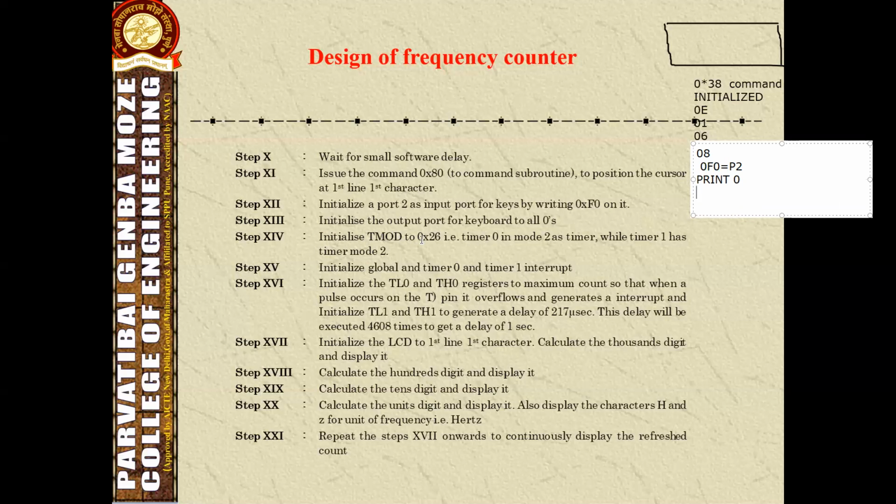Then initialize TMOD, setting timer 0 in mode 2 as a timer, while timer 1 is also in mode 2. This is for the appropriate operation of the timer, because we have to count clock pulses using a timer.